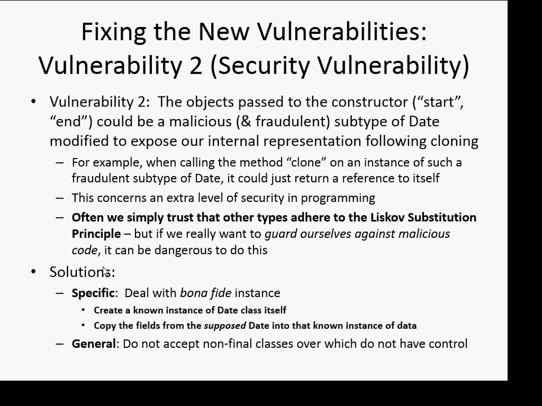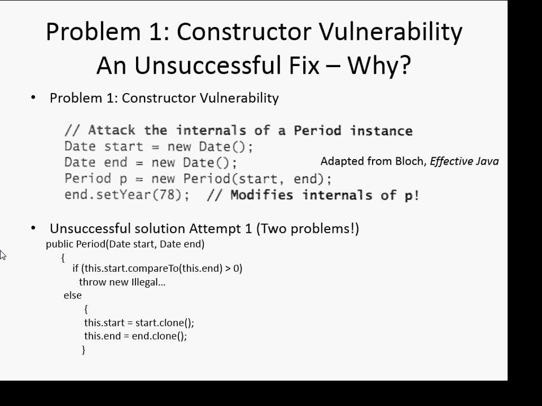There is another vulnerability, and if we're dealing with security-related things, this is an indication of how deep your extra reasoning has to be. If someone's trying to break your code, spy in the internals of your data structure, they could still deal with that. So in other words, they could pass in something that's a subtype of date where clone is actually overridden to do nothing.